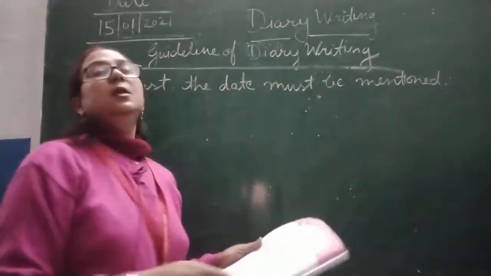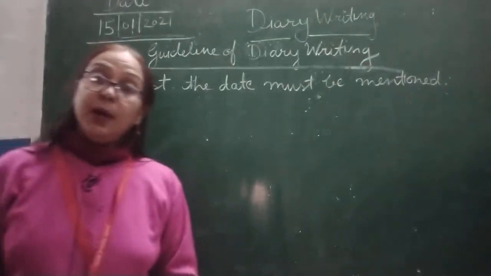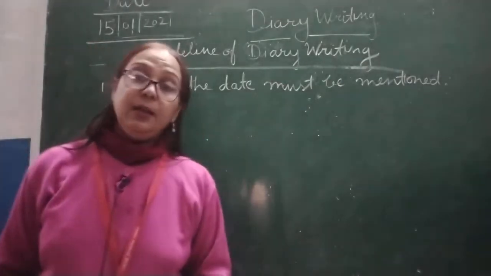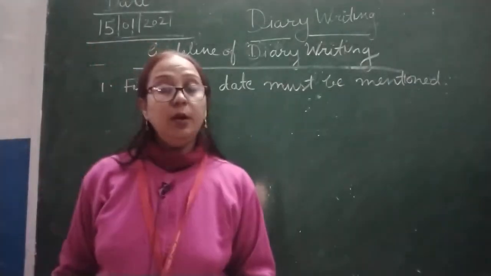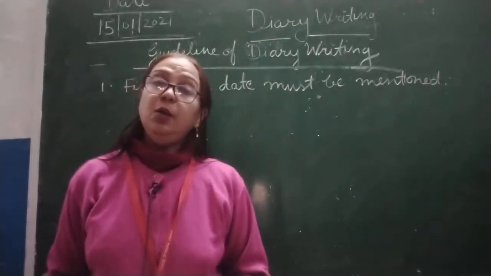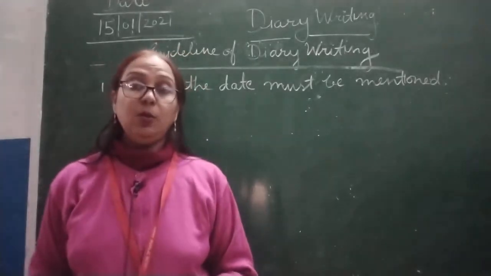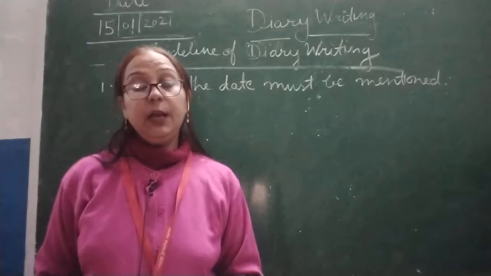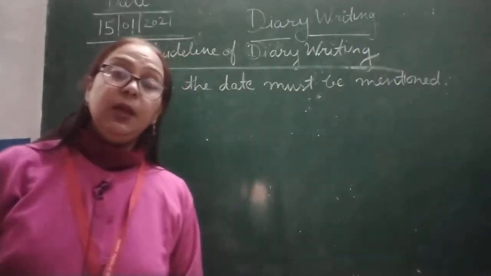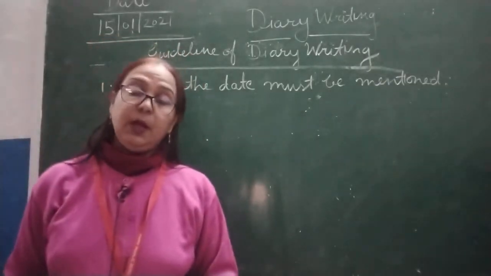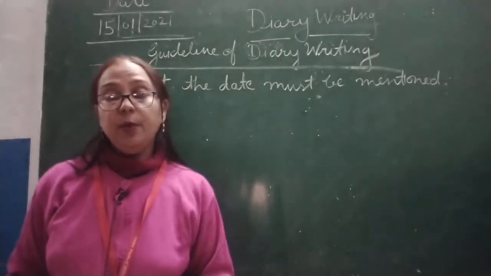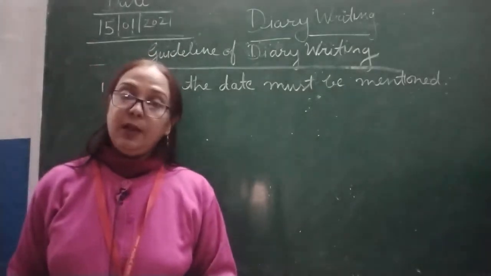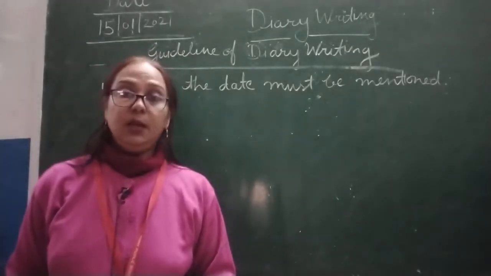It is a must to write the date, because if we are not writing the date, we are not able to recognize on which date this experience, this incident happened. So that is why it is important to write down the date first.